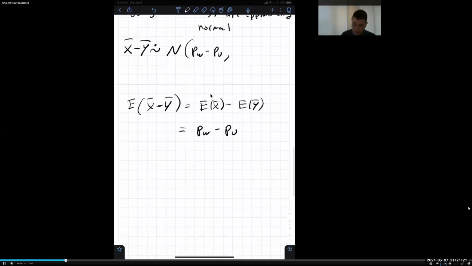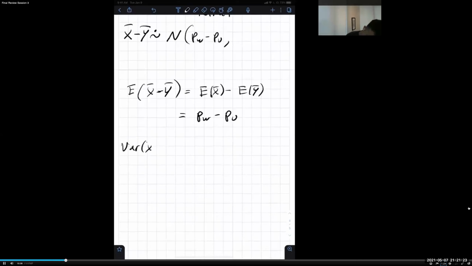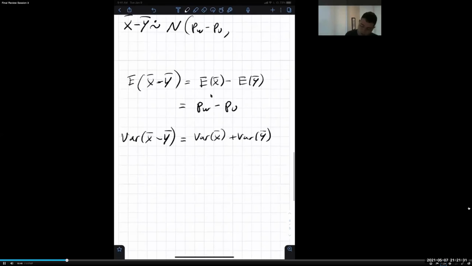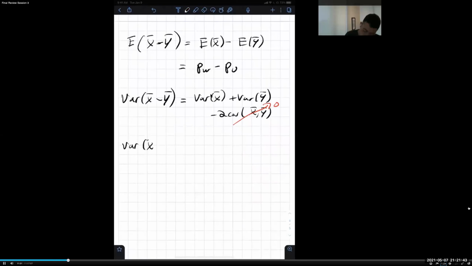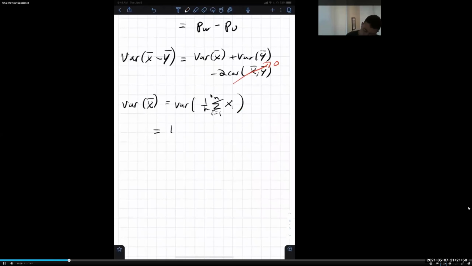Okay. So then the variance of this difference is just the sum of the variances, because their covariance is going to be 0. Normally we would have a minus 2 covariance of x bar and y bar, but we assume both samples are independent, so this is just 0. And the variance of x bar is the variance of the sample mean, which is equal to 1 over n squared times the sum of the variances, because again, I assume they're independent.